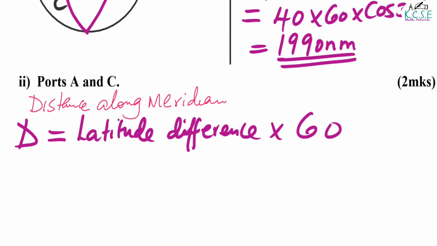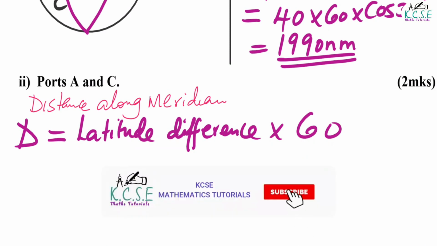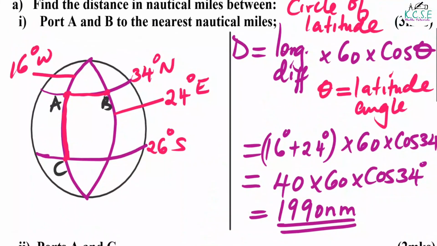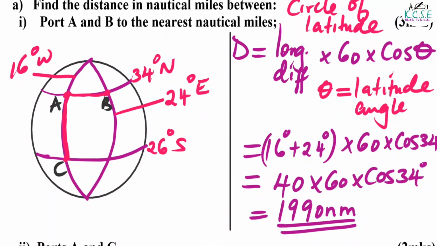So in this case, to get the length of that arc, the distance of arc AC will be given by the latitude difference. Look at the latitude. This one is on latitude 34 degrees north, and the other one, C, is on latitude 26 degrees south.